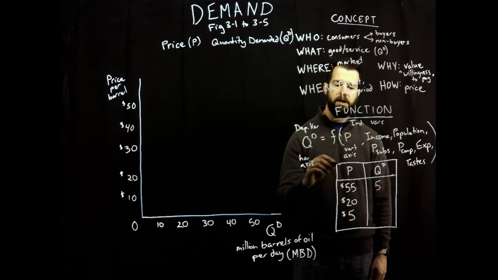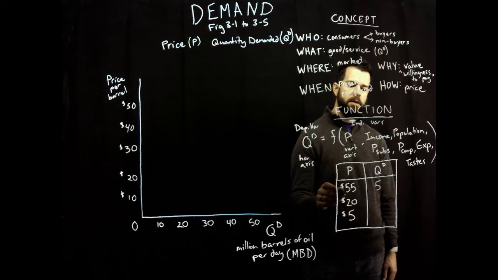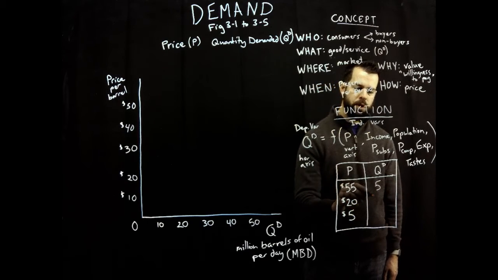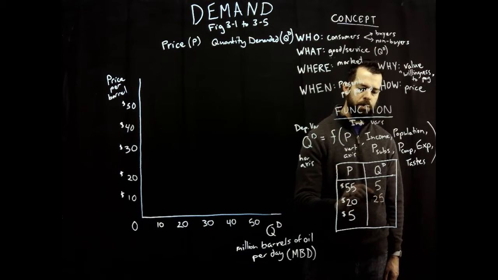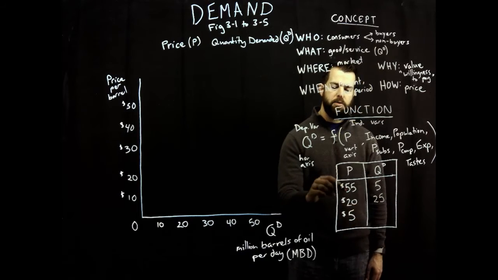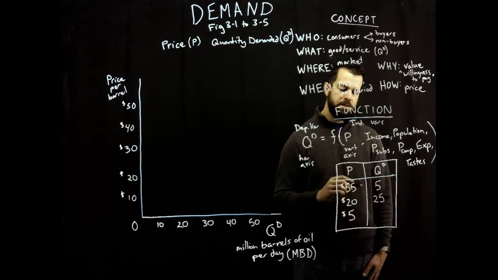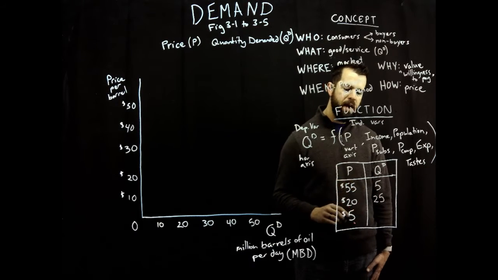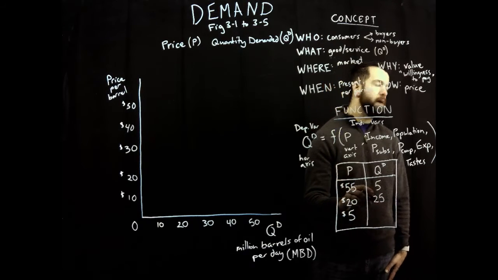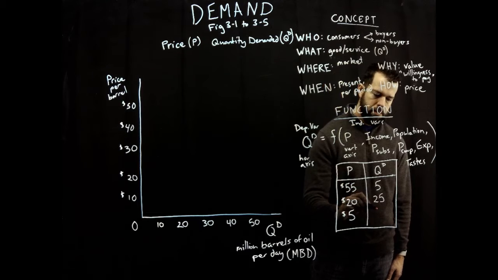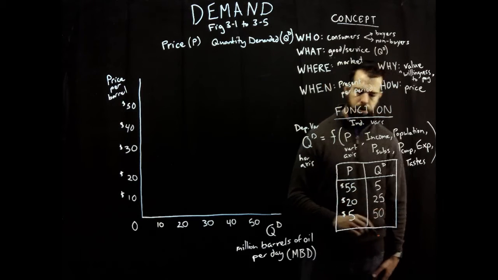Okay, and when the price falls to $20 per barrel, 25 million barrels of oil per day are demanded. And then when the price falls again, the price goes to 5, and the quantity demanded is 50 million barrels of oil per day.